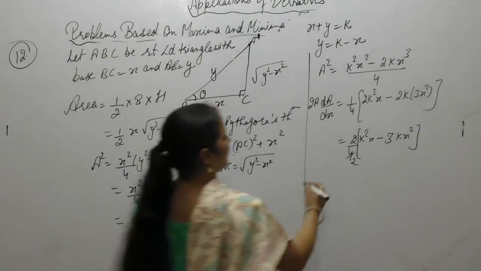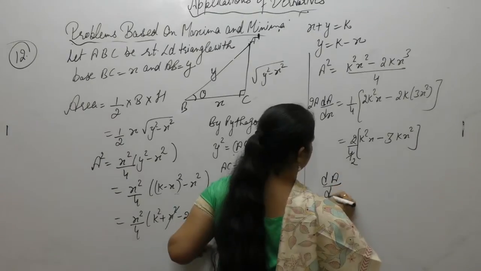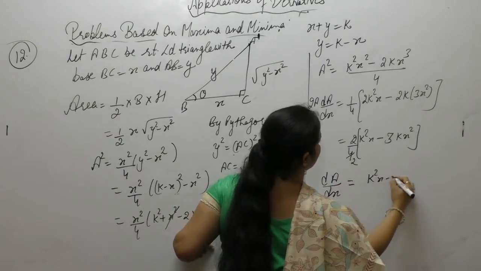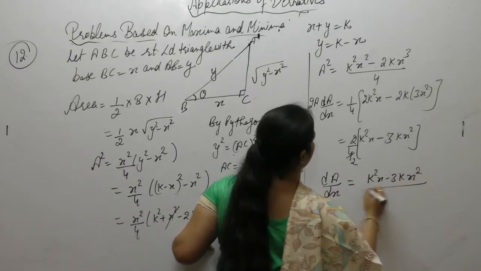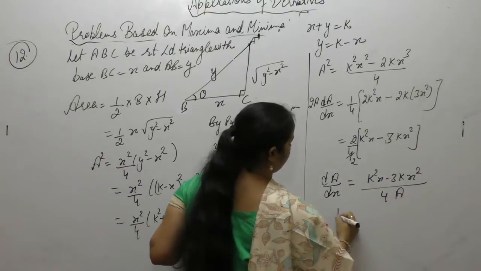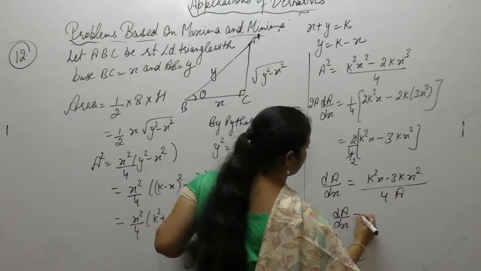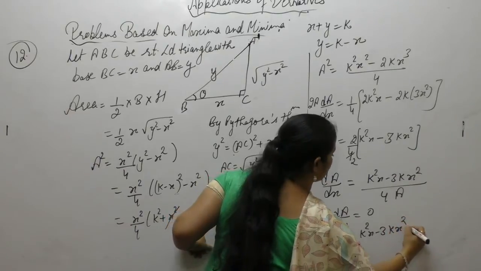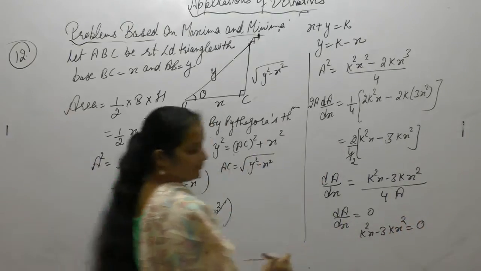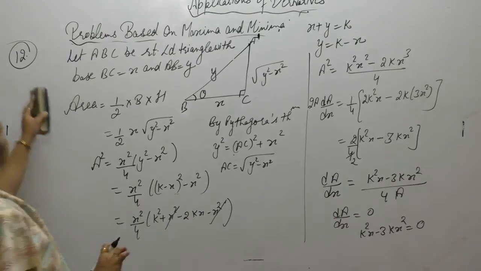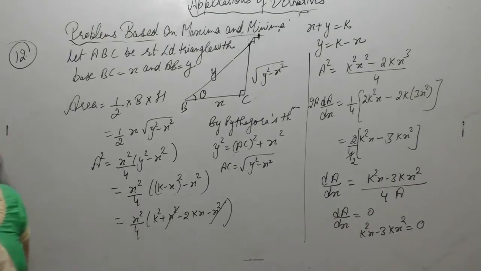Put first derivative equal to 0. dA upon dx is k square x minus 3k x square upon 4A. First derivative equals 0. So we get k square x minus 3k x square equals 0. Note up to here first.